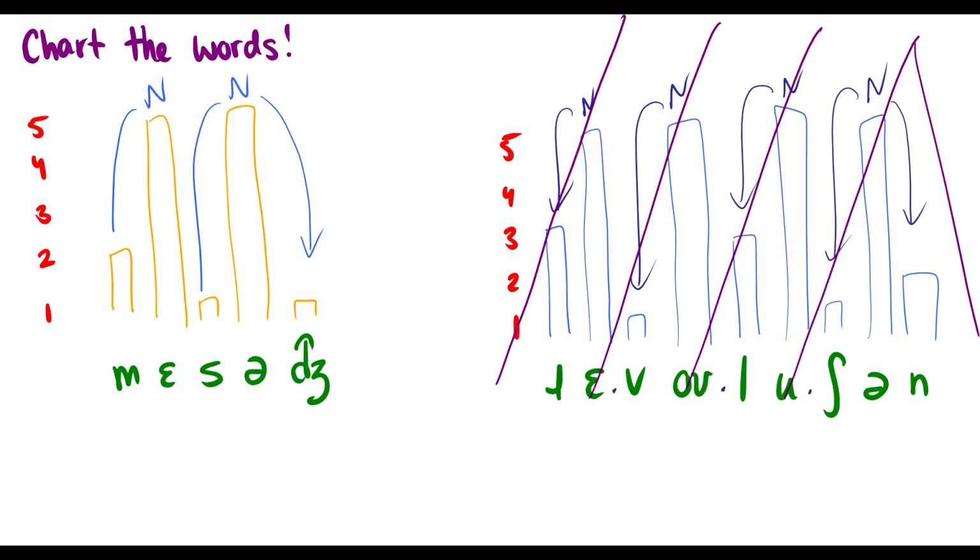Not all syllables have codas, so not all of them will be pyramids, but they should always build up and build down. You should never build up, then down, then up again in the same syllable. This goes for any language, every language. So this is a universal principle, sonority hierarchy. So this is a way that we can figure out syllables as well.